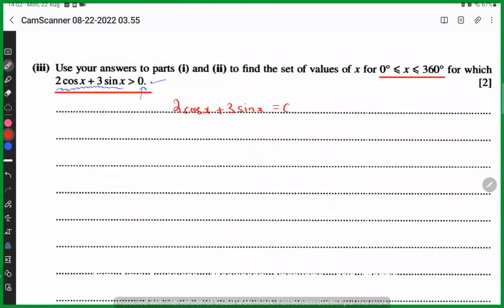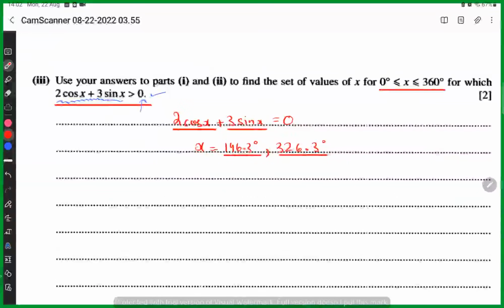This is what I had in the previous part. And I got 146.3 degrees and 326.3 degrees. By looking at the graph, I was able to see that these are the points at which 2 cos x and minus 3 sin x are going to cut each other. So these were 2 cutting points.